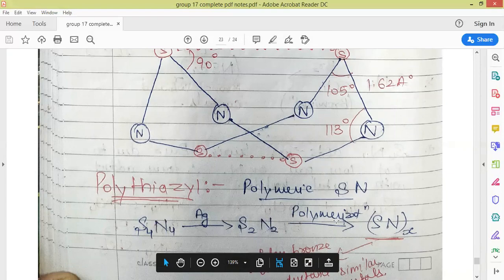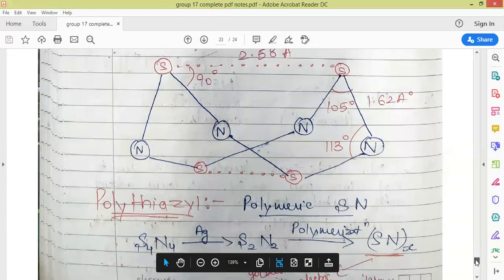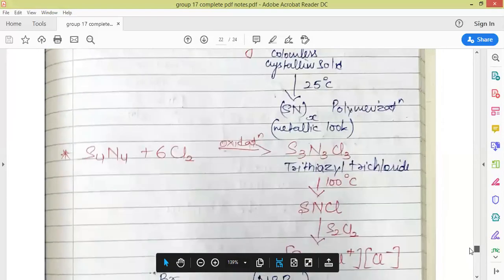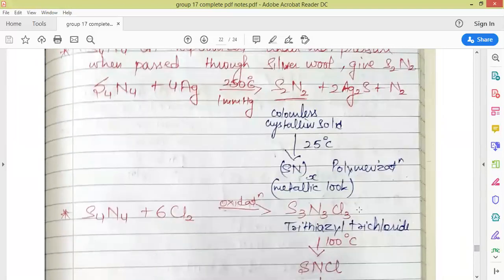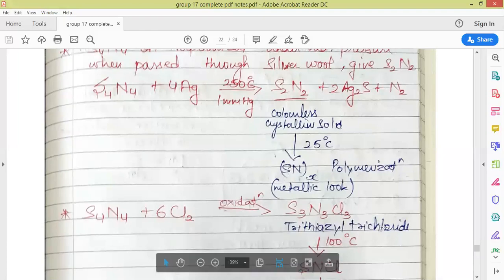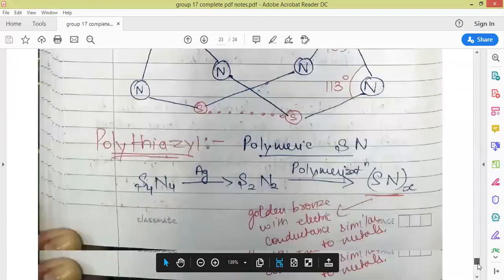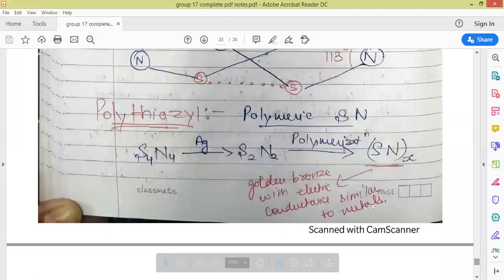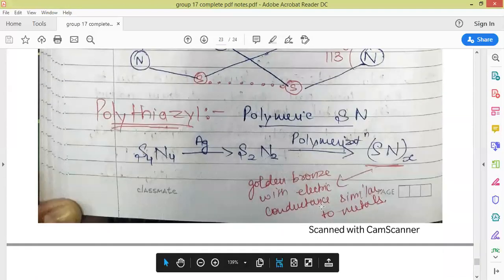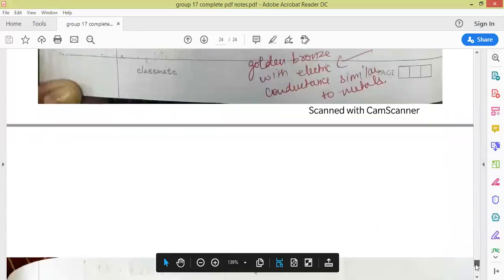When it is polymerized, this colorless crystalline solid, when heated at 25 degrees Celsius, undergoes polymerization and has a metallic luster. The compound is called polythiazyl, that is (SN)x. It is golden bronze with electric conductance similar to that of metals. It is highly conducting in nature.